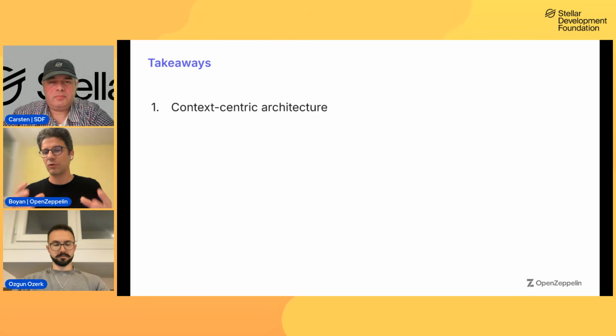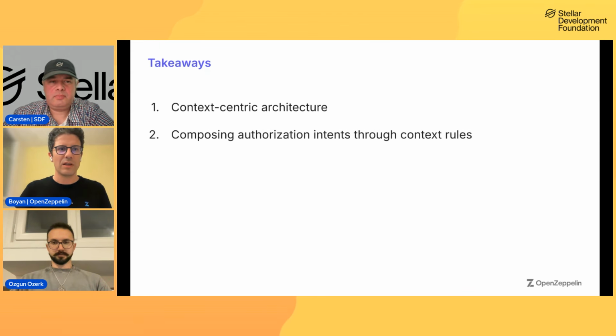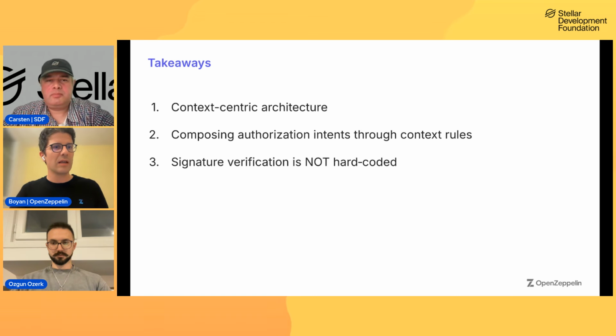You grant some scope permission. You don't grant the whole access to your data, but just very scoped permissions. So we are composing authorization intents through those context rules that contain signers and policies.